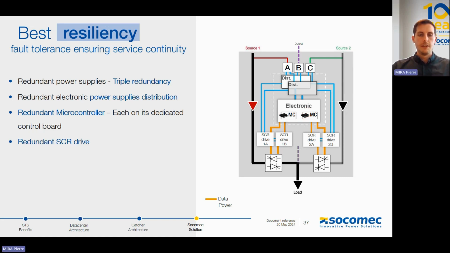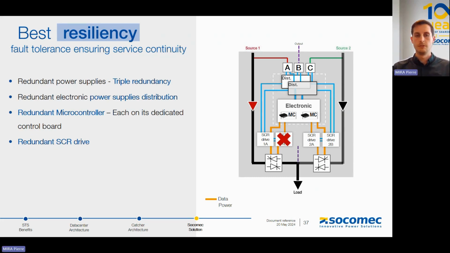Another advantage of the redundancy is to have redundancy on the SCR drive. So the driver boards are fully redundant. On the path source 1 and on the path source 2, we have a main driver board and a redundant driver board. So even if we have any driver board failure, the STS is fully operating and fully distributing the power to the load.